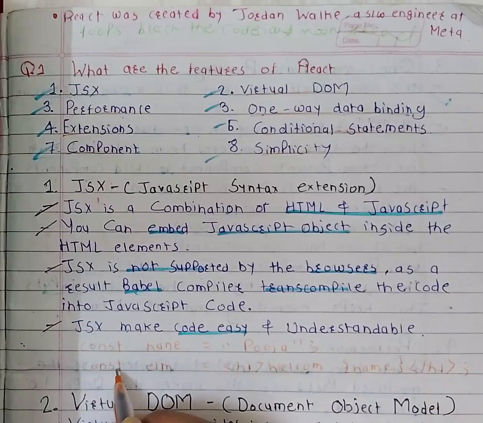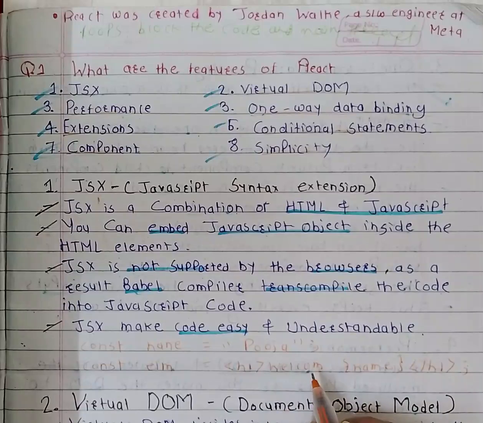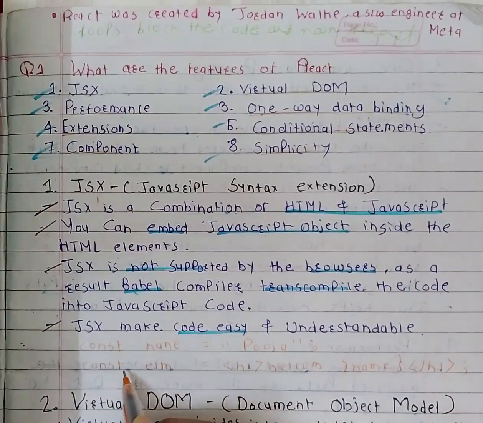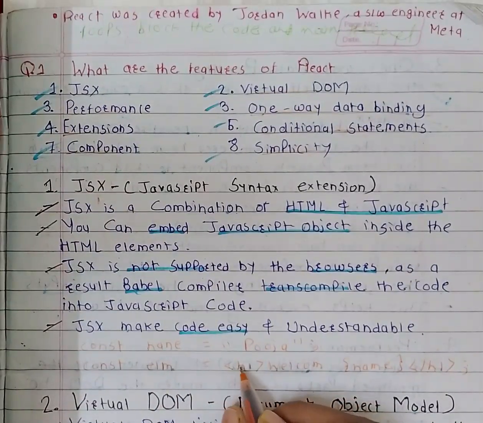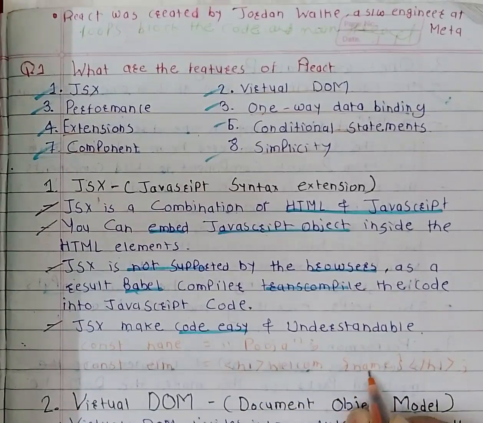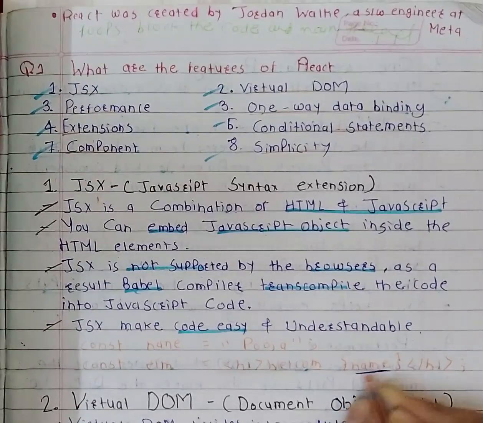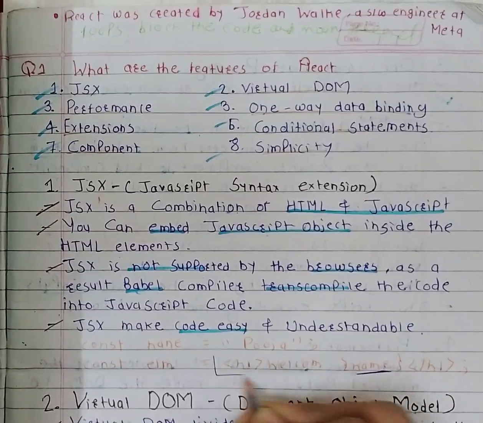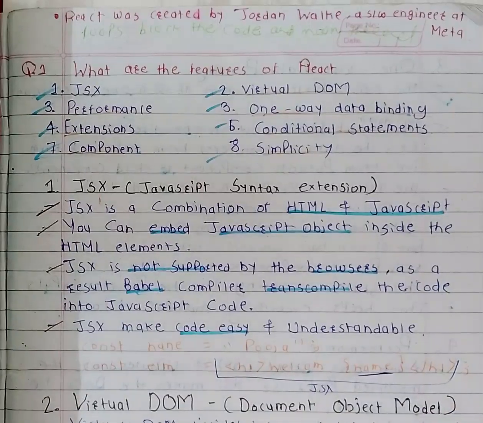Here we can see that we just declare a variable, const name is equal to Pooja. Then another variable, const element is equal to an h1, which is an HTML tag, welcome name. Like this we can embed JavaScript inside HTML. This is known as JSX.